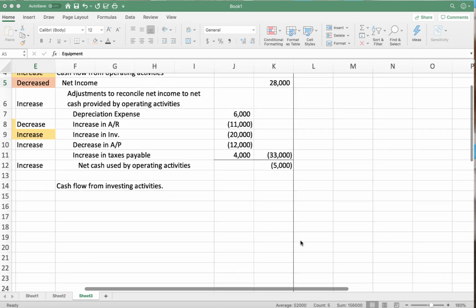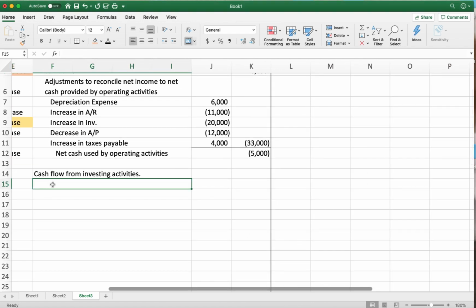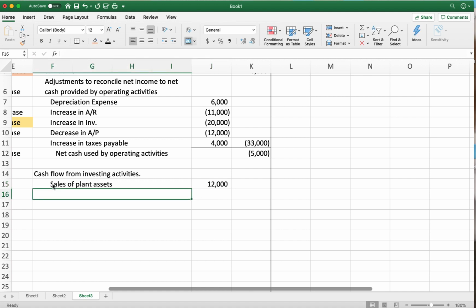So what I'm going to do is I'm going to come over here and I'm going to say sale of plant assets. All I want to know, how much cash did I get for selling this? $12,000. Okay. If there was a gain or loss, there is not in this example, but if there were, I would first need to identify what is the amount of the loss or the gain.